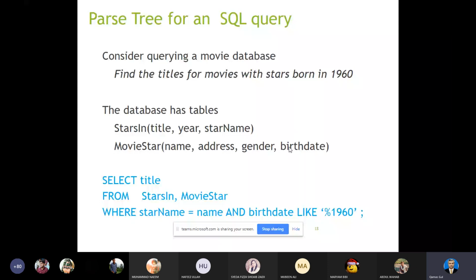So this query, which is an SQL query, will work with the database and fetch the data of the movie in which an actor worked and he or she was born in 1960.